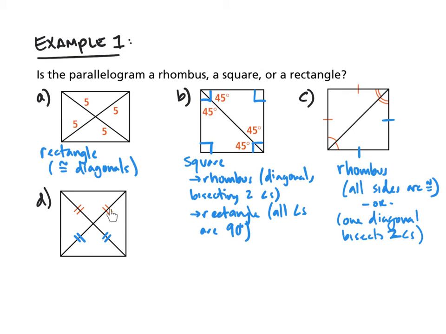So if this is 5, that's 5, that's 5, and that's 5. If this is 4, that's 4, that's 4, and that's 4. So in either case, we can say that the diagonals of this shape are going to be the same length when you put them together, so that makes it a rectangle. This is going to be a rectangle because it has congruent diagonals.